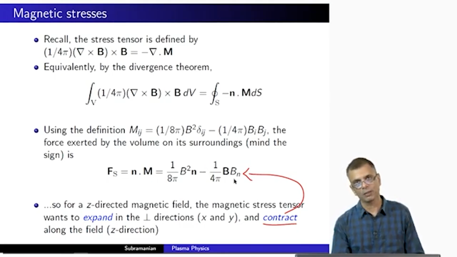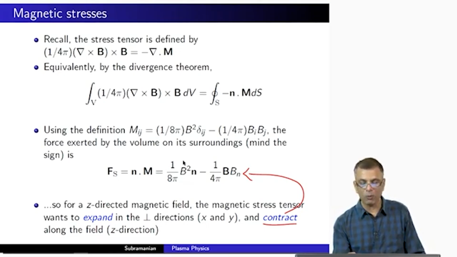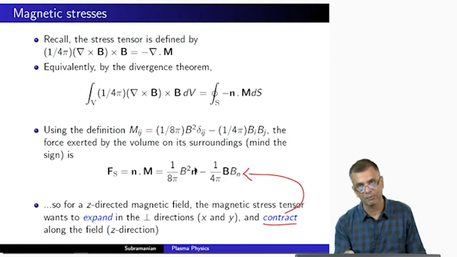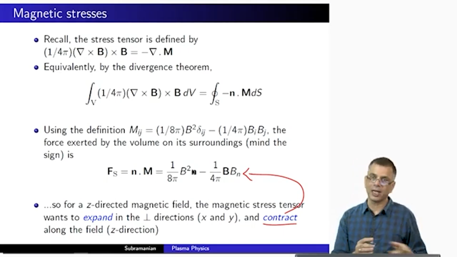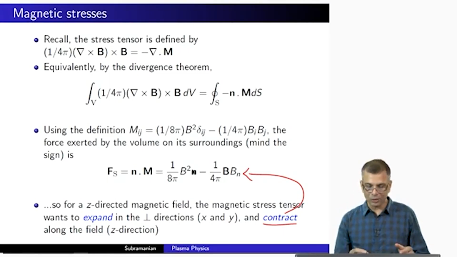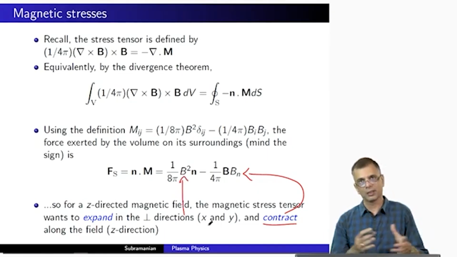That is evident from here, isn't it? On the other hand, here there is a positive sign. And what direction is this? It's 1 over 8 pi B squared in the direction of n hat, which is anything perpendicular to the z direction, which is along the x and y direction. So, it wants to expand in the x and y directions.